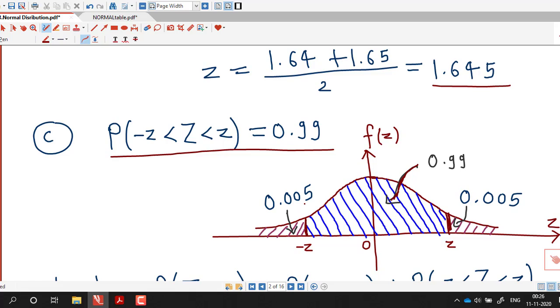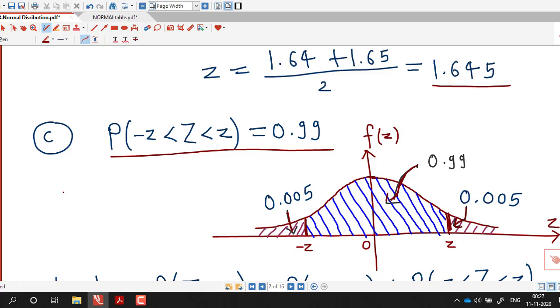Now by the symmetry of the standard normal curve, we can see that these two shaded areas are equal. Now the area is 0.99 between minus z and z, and we know that the total area is always 1.